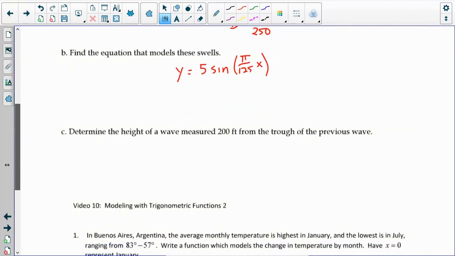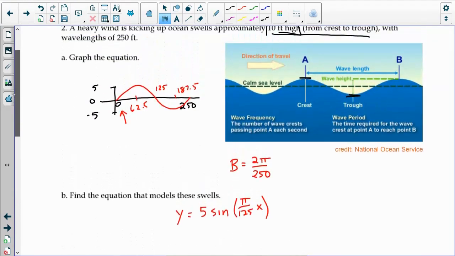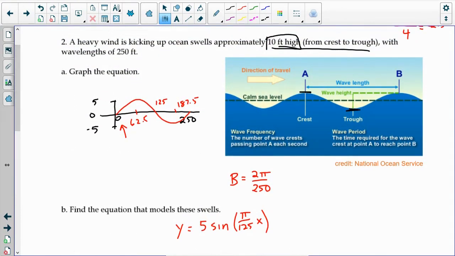Now I'm going to determine the height of a wave measured 200 feet from the trough of the previous wave. So I could make a whole new equation, but I don't really have to. So what I'm going to understand is, here's the start of a trough at 187.5. 200 feet past that is going to be 200 plus 187.5.